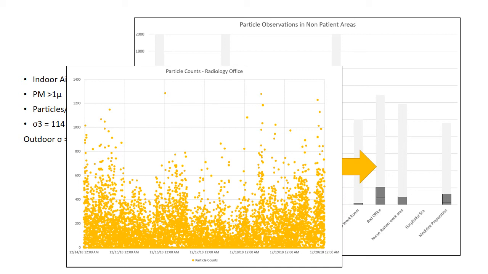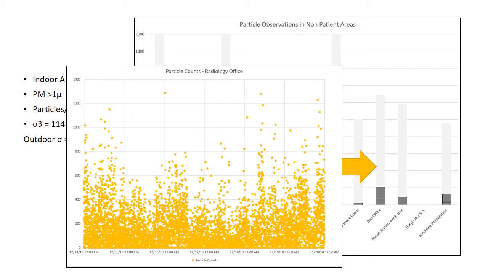Then you see some data rising up to that 200, 400 count per liter range. And then you see the spikes, in this case going up to 1,400. In some of the rooms, we had spikes that went well above 2,000, up to 4,000 or so. But that's what these data sets look like for the particle observations.